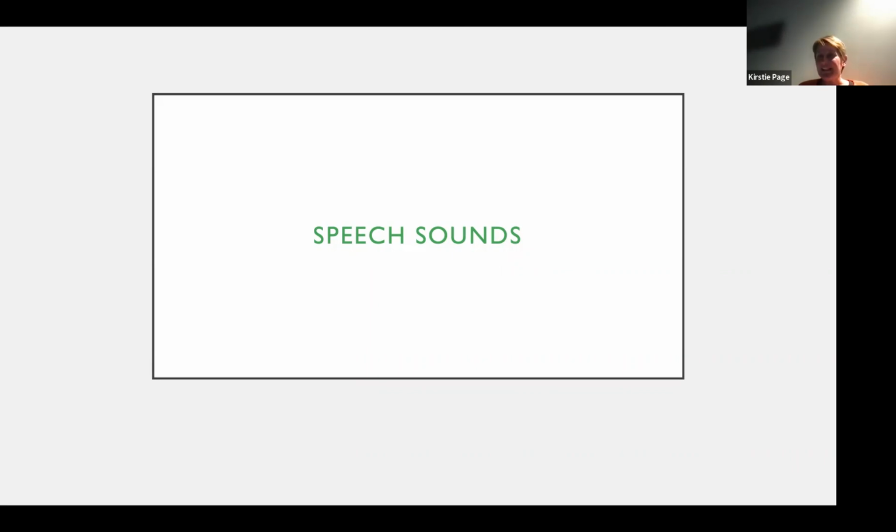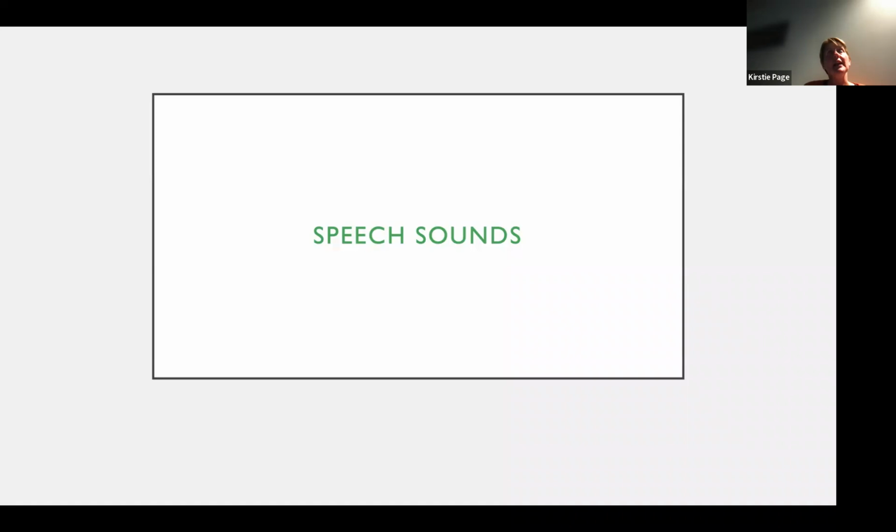So the very last leg of this session, and it's not because it's less important, it's because the strategies to support us are much fewer and much more simple, really, will be those children who have got speech sound changes. So if you've got children with speech sound changes, it is usually the easiest speech, language and communication thing to notice.